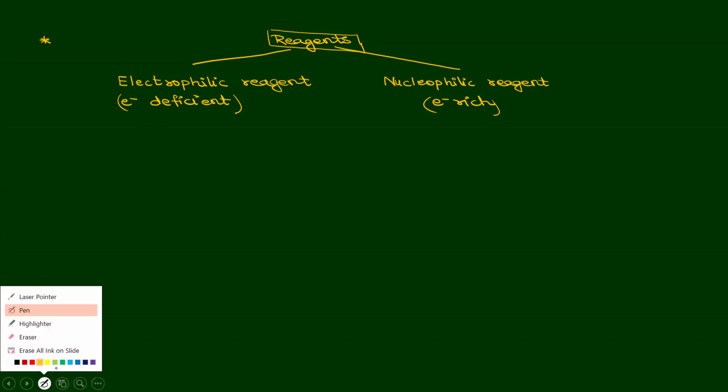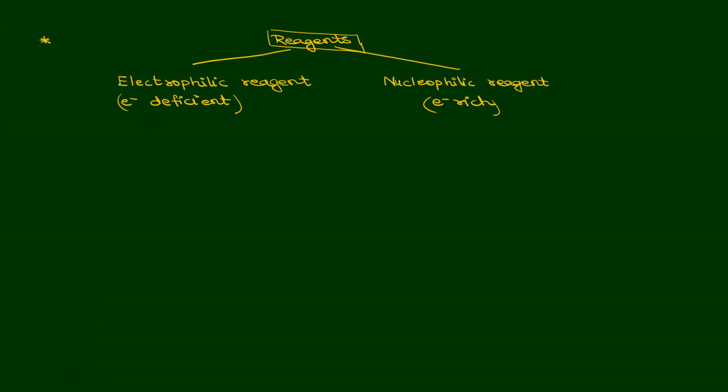And also some alternate information you need to remember. The electrophilic and the nucleophilic reagents are also defined with the Lewis theory, which we will be discussing in the acid-base theory of ionic equilibrium chapter. But as of now, you can remember that the electrophilic reagents are called Lewis acids and the nucleophilic reagents are called Lewis bases.